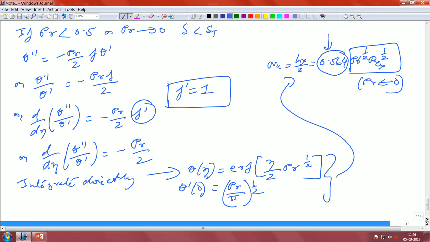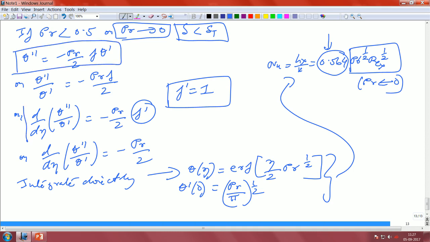So, let us recapitulate, recall the steps. When Prandtl number is less than 0.5, or Prandtl number approaches 0, your delta is much less than delta t, right. Because delta is much less than delta t, it means that it is a thin boundary layer. So, what we have done is that we have taken the same expression, we have just differentiated it with respect to eta. As soon as you differentiate with respect to eta, f becomes f prime, correct.